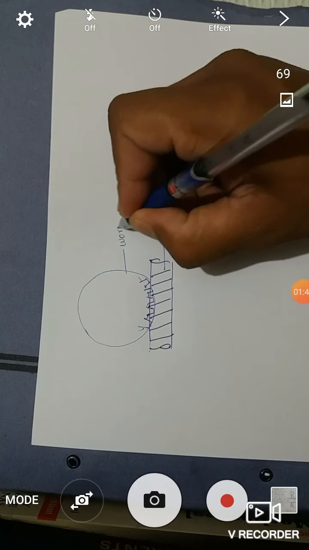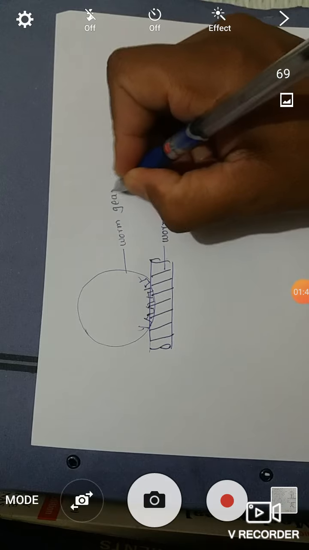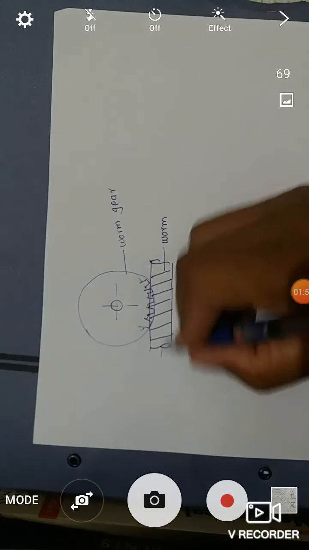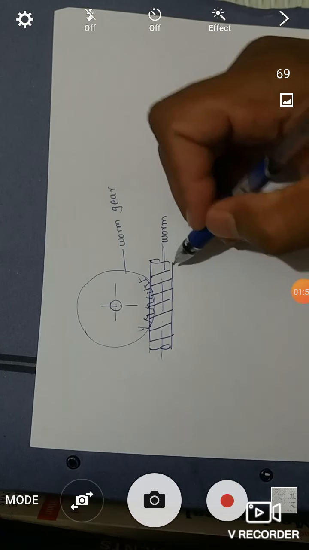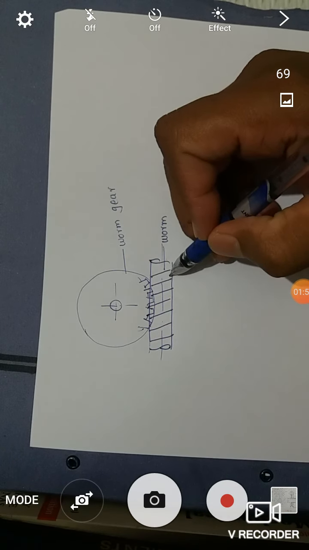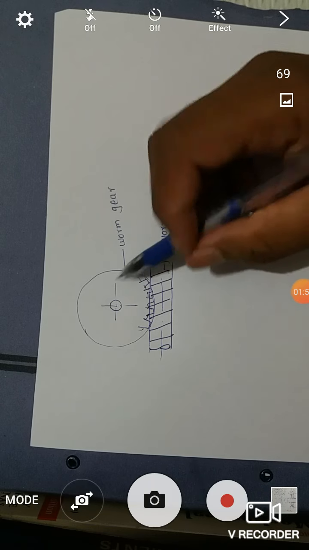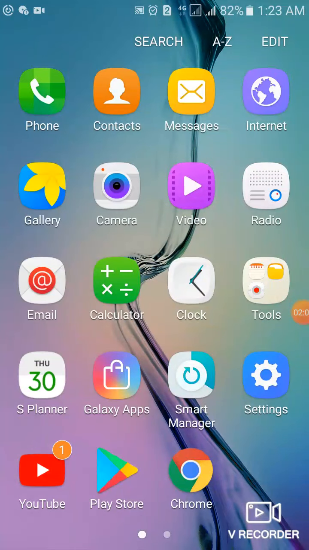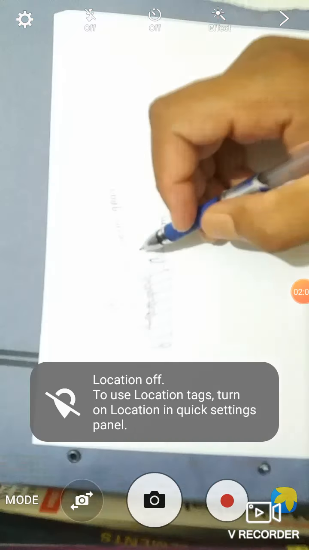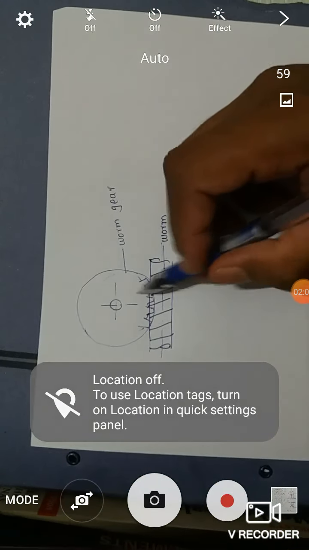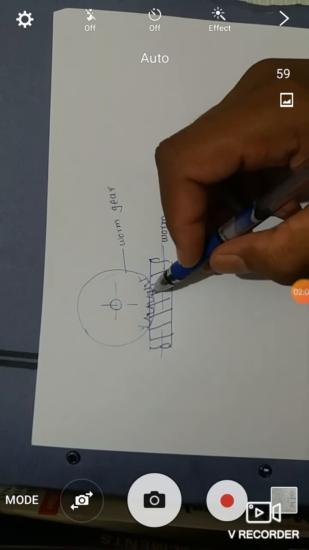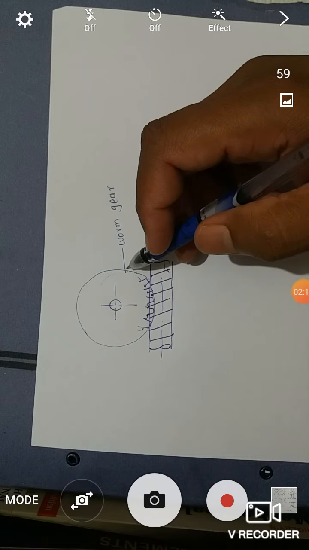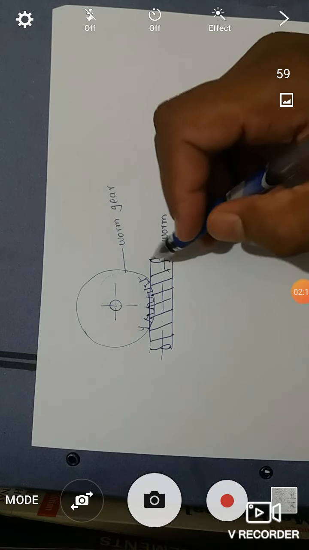This is worm gear. So this worm is like a screw, and this is like a spur gear, and the speed reduction ratio is 300 to 1. So a high speed reduction ratio is there if we consider the worm and worm wheel arrangement.